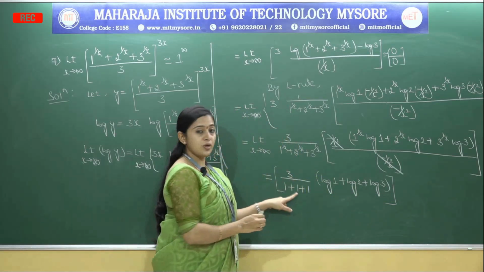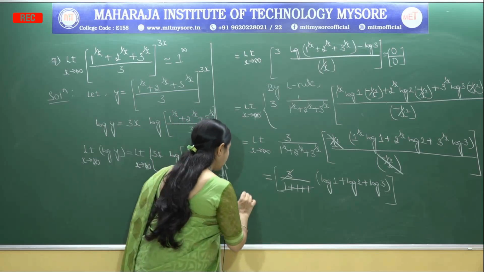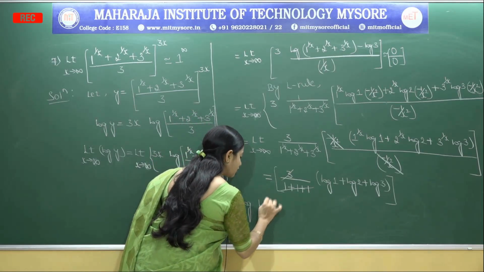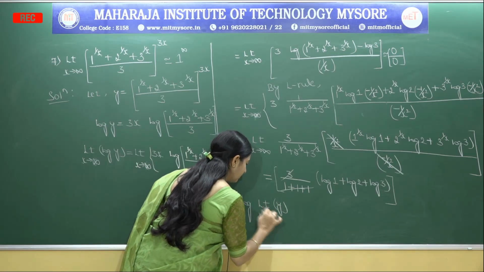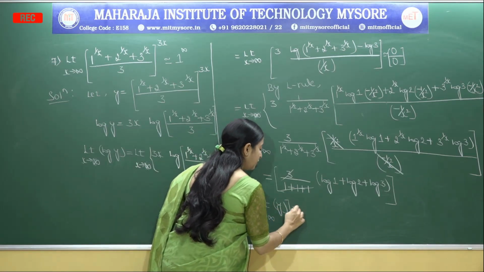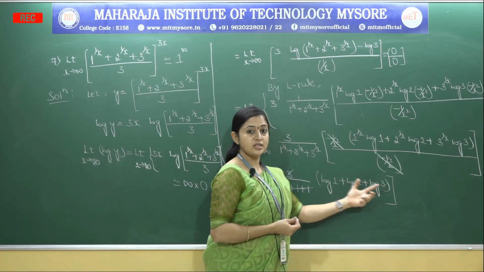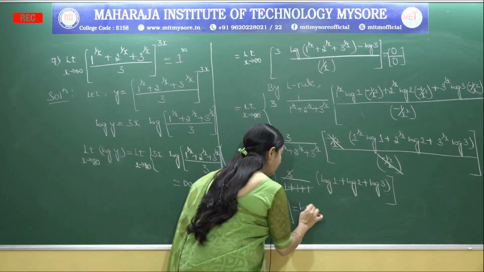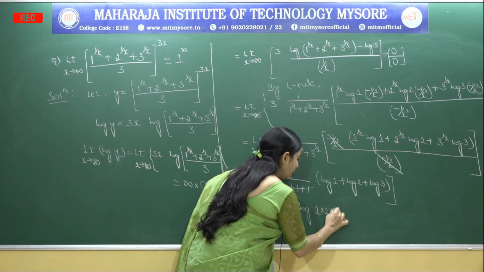So 1 plus 1 plus 1 you will get 3 in the denominator, which cancels with the numerator. On the left part, interchange the log and the limit as x tends to 0. Here apply the logarithmic property: log a plus log b plus log c can also be written as log abc. So it is log of 1 into 2 into 3.